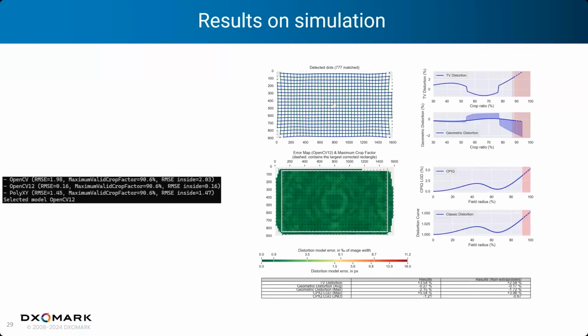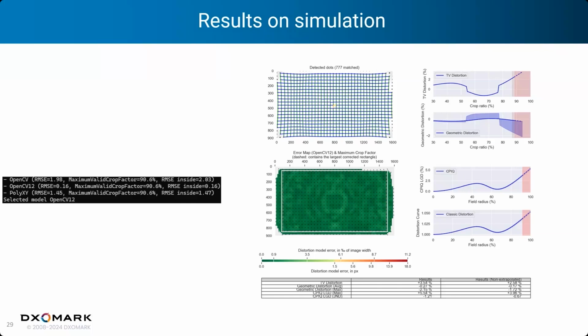So here are the results for the measurement on the simulation provided by Sébastien. We can see that this image has a very distinctive distortion variation, which is first barrel then pincushion. This can be seen well on the TV distortion measurements, where there is a change in the sign of the TV distortion when it changes from barrel to pincushion.